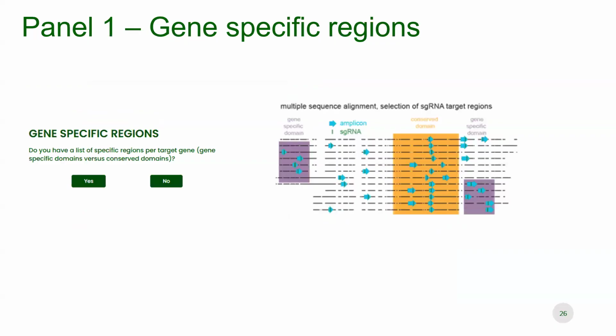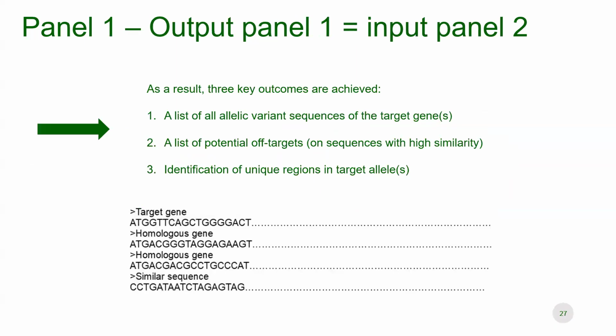And then as a final step in panel one, we give tools to identify gene-specific regions, because these regions will be important in panel two to design guide RNAs. And then as an output for the first panel, we have three key outcomes.